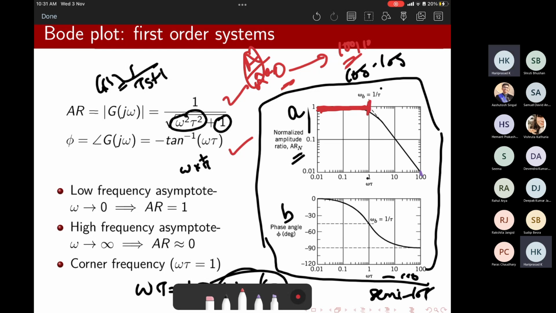If you need to excite the system and need something beyond that, you will have to move beyond this corner frequency. Also be careful: when the frequency becomes high, the system response's amplitude tends to magnify.